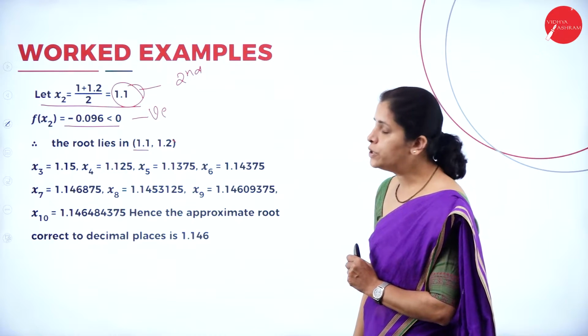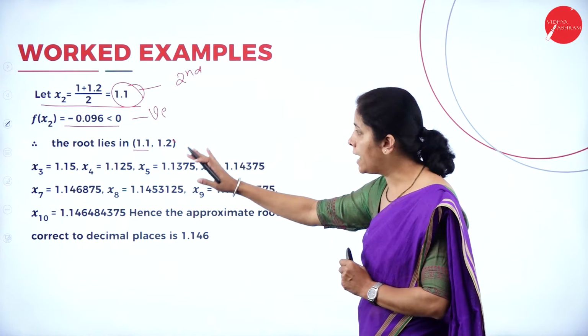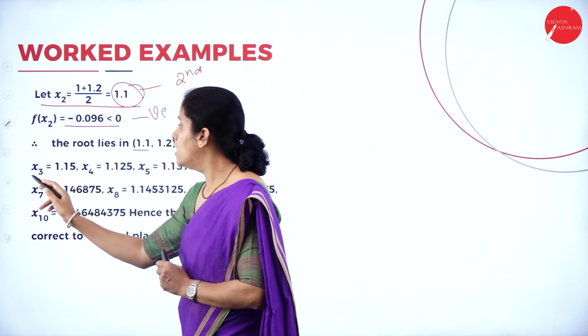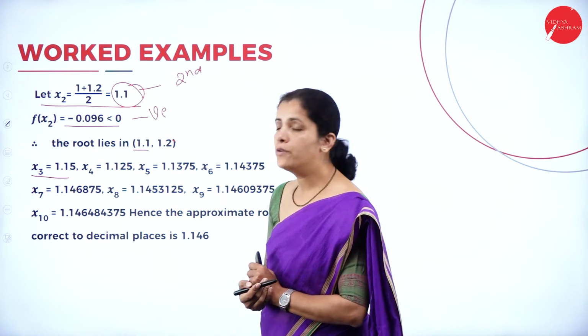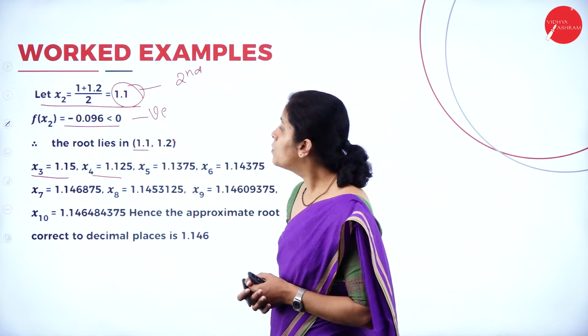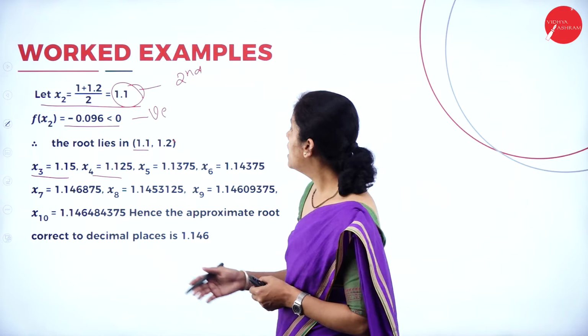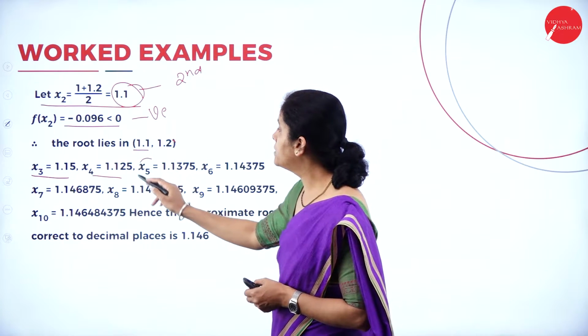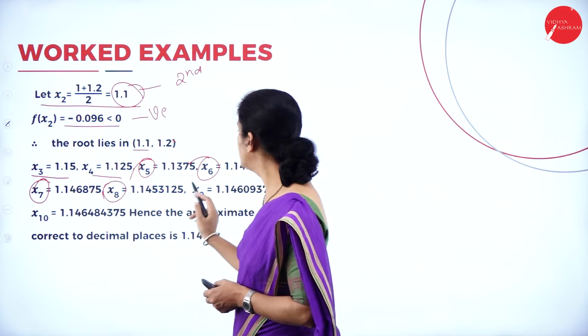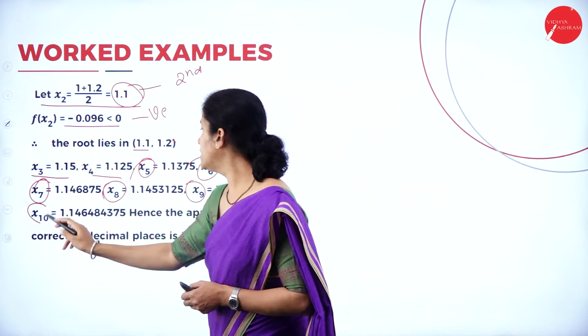And I'm going to continue like this, and in my third iteration, I'm going to get 1.15. In my fourth iteration, I'm going to get 1.125, and then the fifth iteration, sixth iteration, 7, 8, 9 and 10.